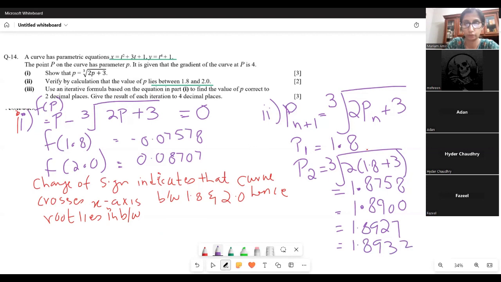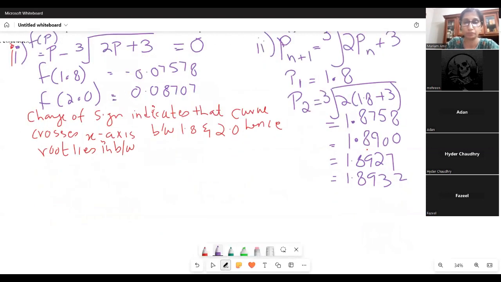Okay, then it converges at 1.8933, which has to be rounded to 2 decimal places, which would be 1.89.